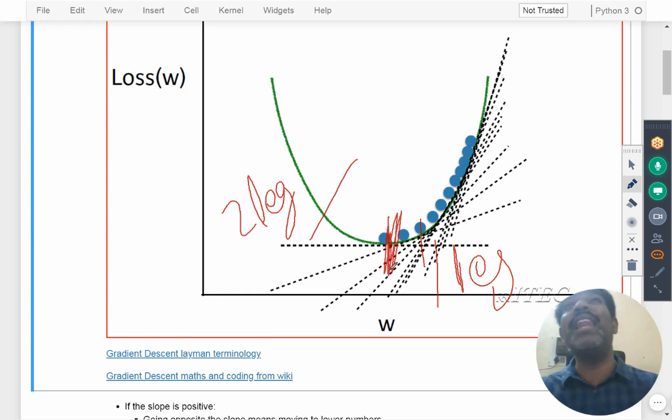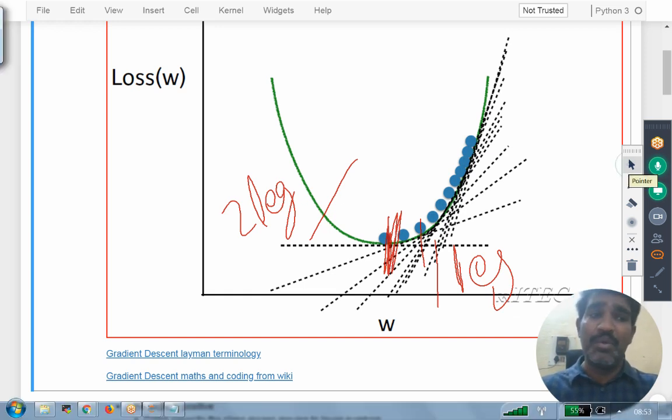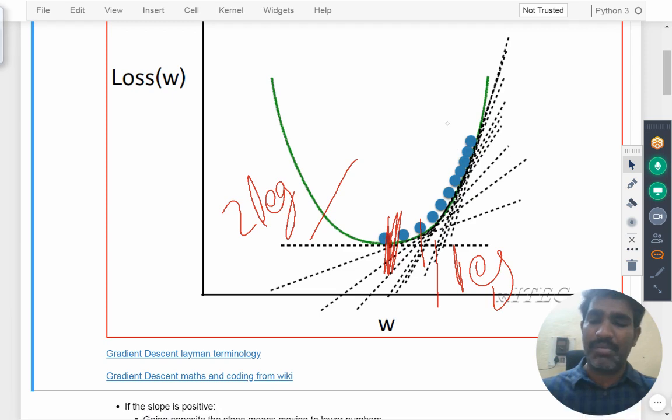That is the reason we have to take the step size as small as possible. But with small steps, the one problem we have is that we have to take many more steps. That means there will be a performance issue.